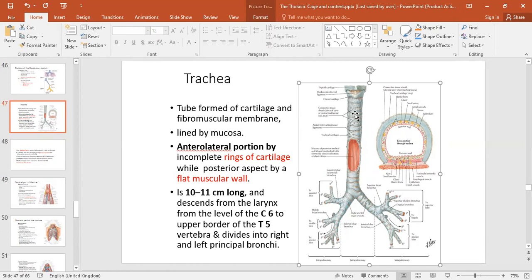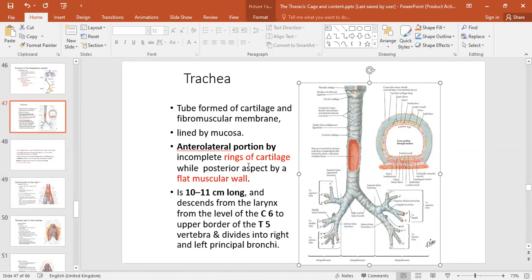That's why it is recommended that the incision is made at ring number 3 going down. The skin is first incised with a vertical incision at that level, the skin is separated, then you cut through the trachea and insert the tube.